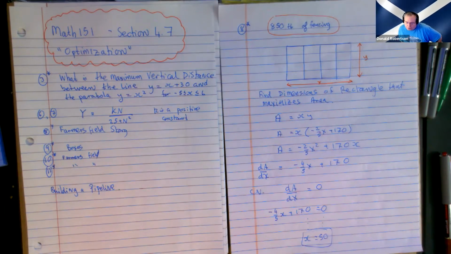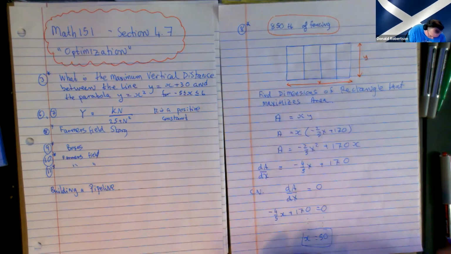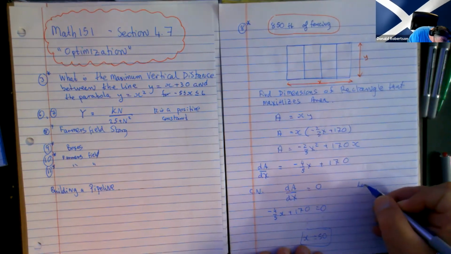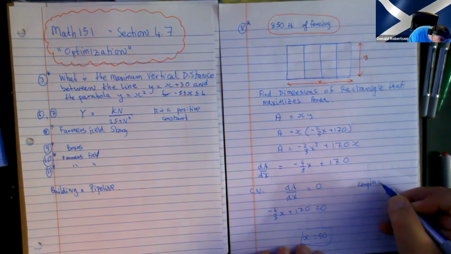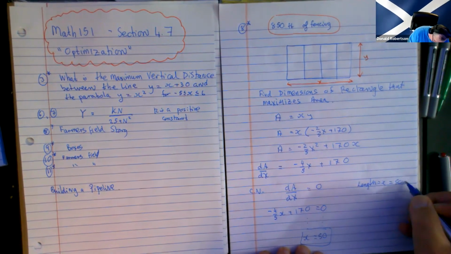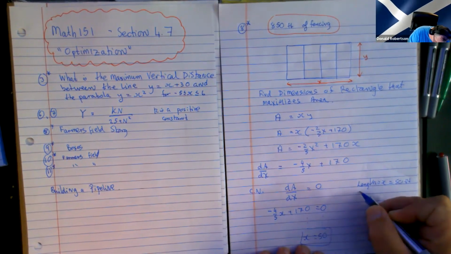Right, just for argument's sake. Your question was not to find X. Your question was to find the dimensions of the rectangle. So what you would then do is say, well, the length is X, so that's 50 feet. And the Y, which is the width.